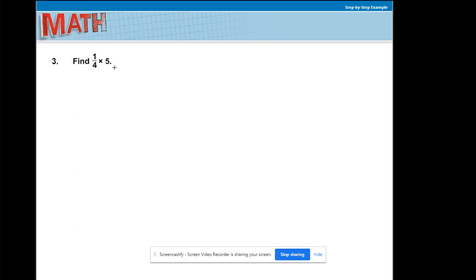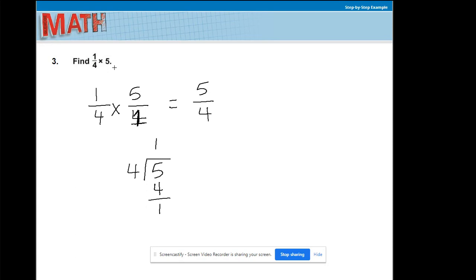Example 3, so we have 1/4 times 5 over 1, ooh, that's supposed to be a 1. So, if we multiply across, we're going to have 5 over 4. Again, you can put it in the box, so 5 is going to go in the box, 4 goes on the outside, 4 goes into 5 one whole time, with a remainder of 1.